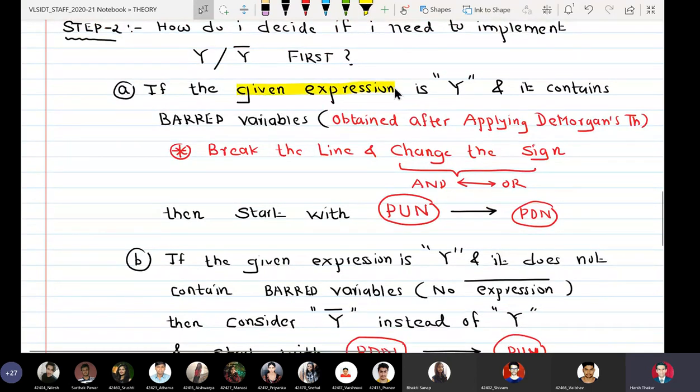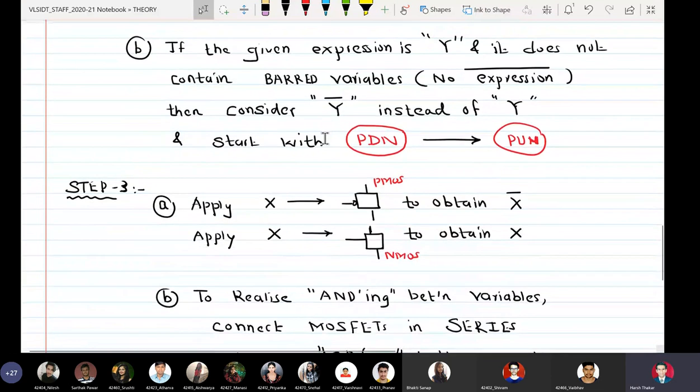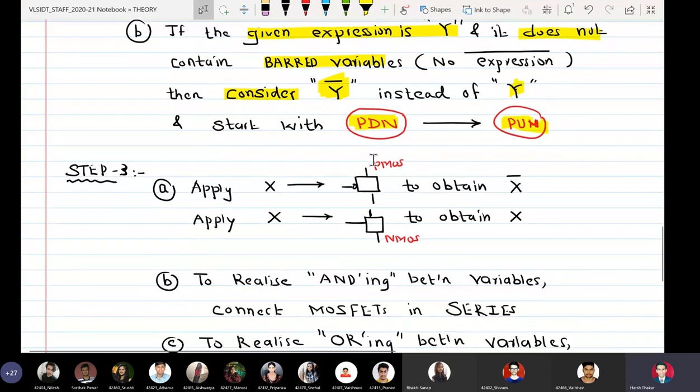If the given expression is y and it contains barred variables, then start with the pull-up network and go to the pull-down network. You have to revise De Morgan's theorem: break the line and change the sign. If the given expression is y but it does not contain barred variables, then consider y bar instead of y. Start with PDN and end with the pull-up network.